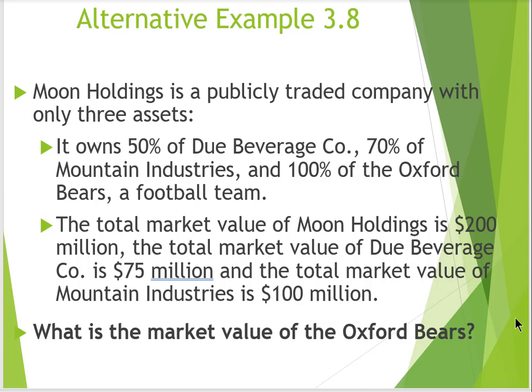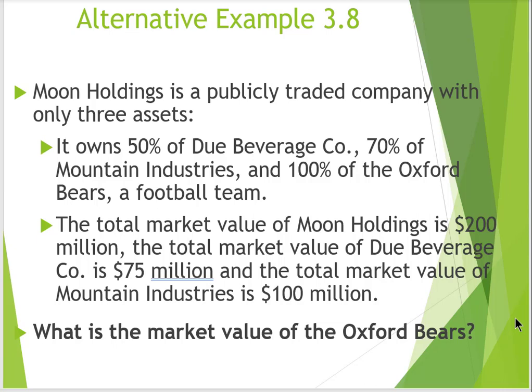We have a company. It's a publicly traded company. It only has three assets. It owns 50% of the Dew Beverage Company. It owns 70% of Mountain Industries. And it owns 100% of the Oxford Bears. It's a football team.